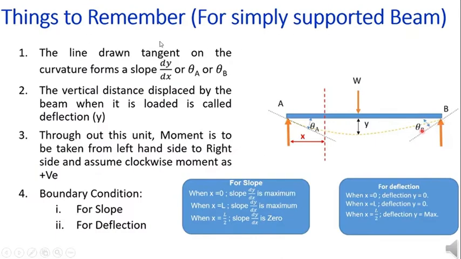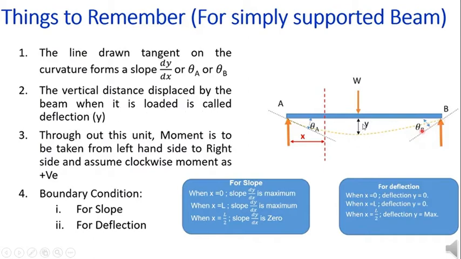For a simply supported beam, the line drawn tangential to the curvature gives the slope dy by dx, that is theta A or theta B. You can see in this diagram a simply supported beam. Point load W will be acting. Deflection is equal to y, and the angle is between theta A and theta B. The distance is x. At the first point, the line drawn tangential to the curvature gives the slope dy by dx, that is theta A or theta B. At the same point, the vertical distance displaced by the beam when it is loaded is called deflection.